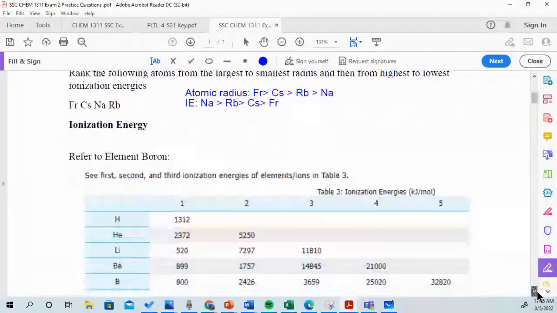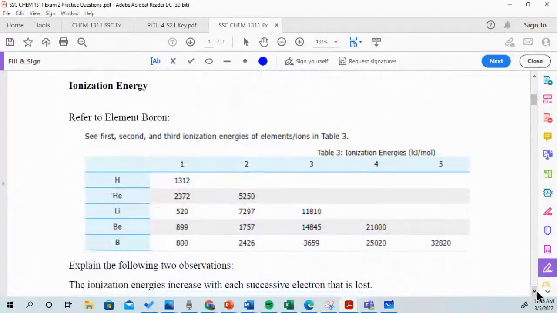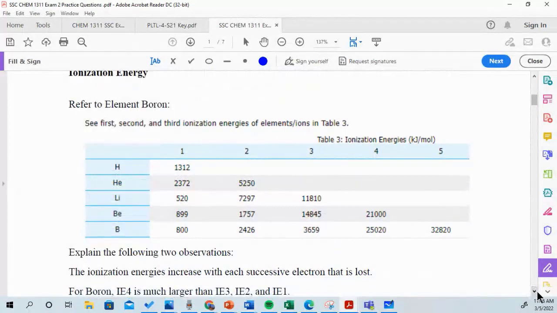So understanding ionization energy is very important. This is a chart. There are different ways you can be presented ionization energies. Sometimes based on the PLTL packet, you'll be given ionization energy 1, 2, 3.